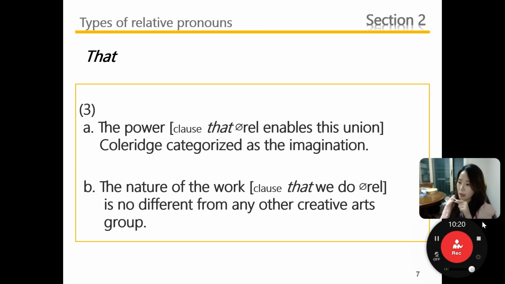That of the covert relative phrase before that is, and this relative phrase acts as the subject. In 3b, the antecedent of the covert relative phrase is work, and it is the direct object of the verb do. As such, when relating to the non-subject position, that can be omitted.